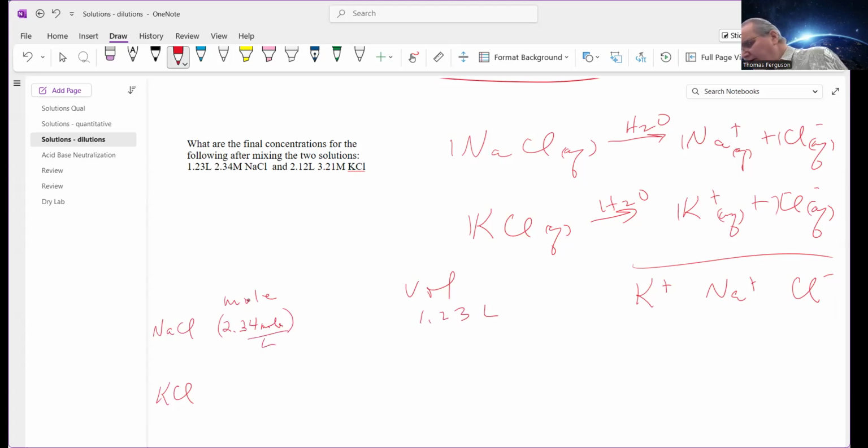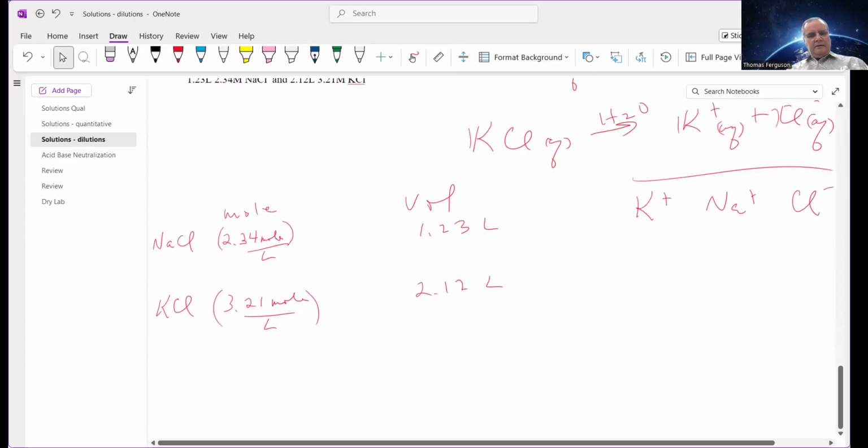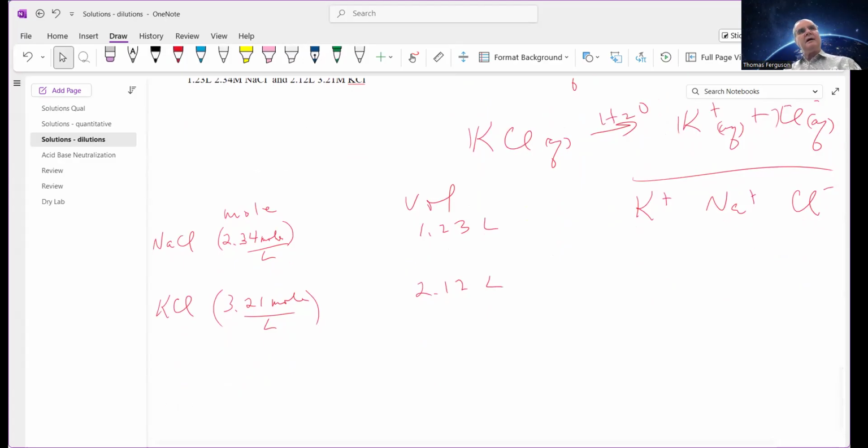Potassium chloride, you've got, and the volume is 212. Okay, so to find moles, we need to multiply volume times concentration.